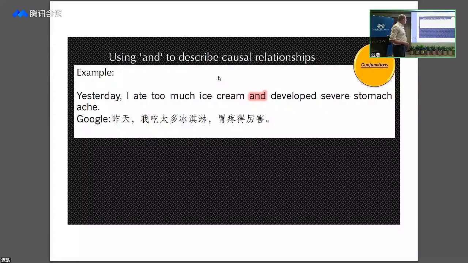Have a look at this. Yesterday, I ate too much ice cream and developed severe stomachache. So what does the and actually mean here?